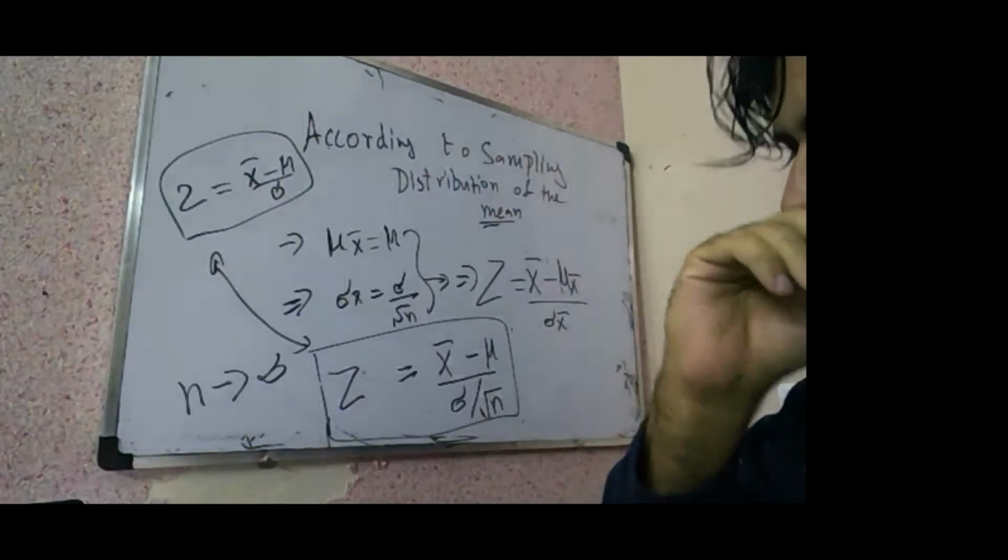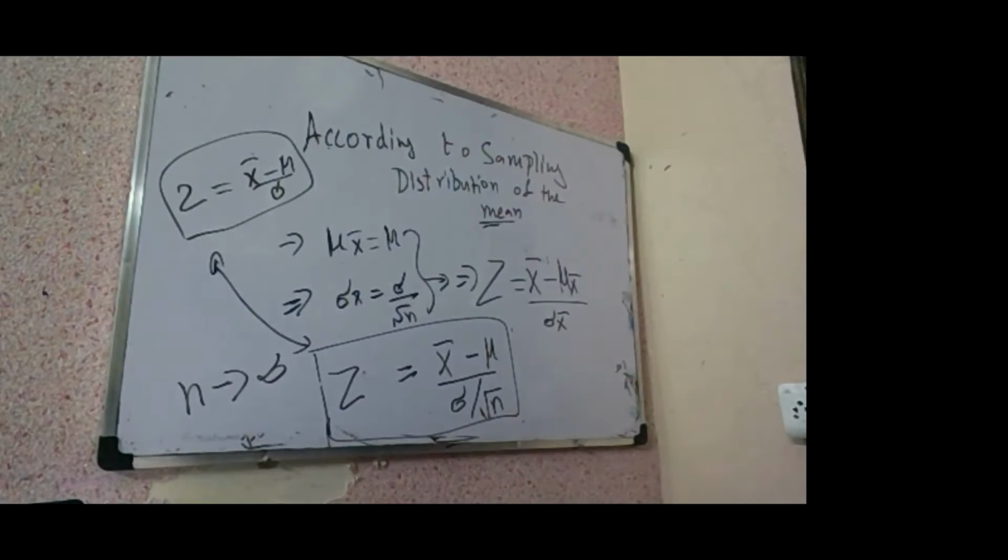Here we say z is the number of standard deviations a particular value is lying away from the population. Here, z will be the number of standard deviations a particular value is lying away from the sample, not from the population.